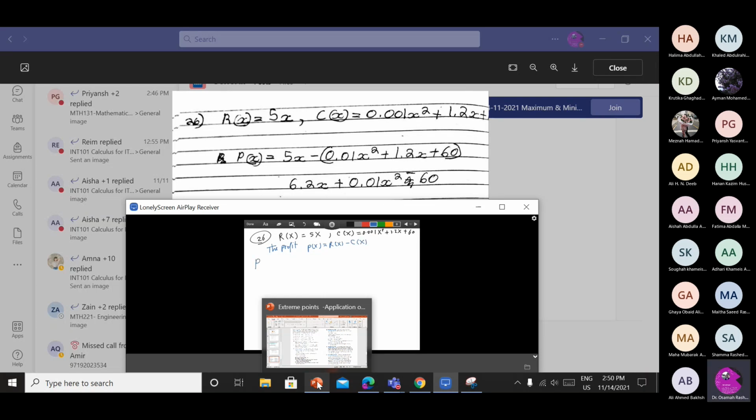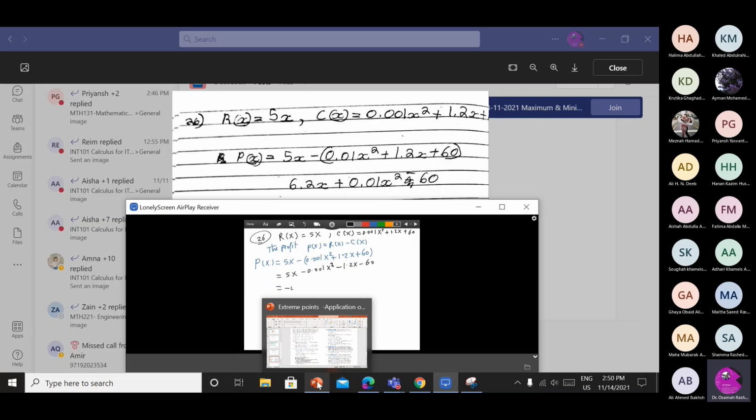So P of x will equal 5x minus open bracket 0.001 x squared plus 1.2x plus 60. When you multiply the minus, it will be minus 0.001 x squared and minus 1.2x and minus 60.